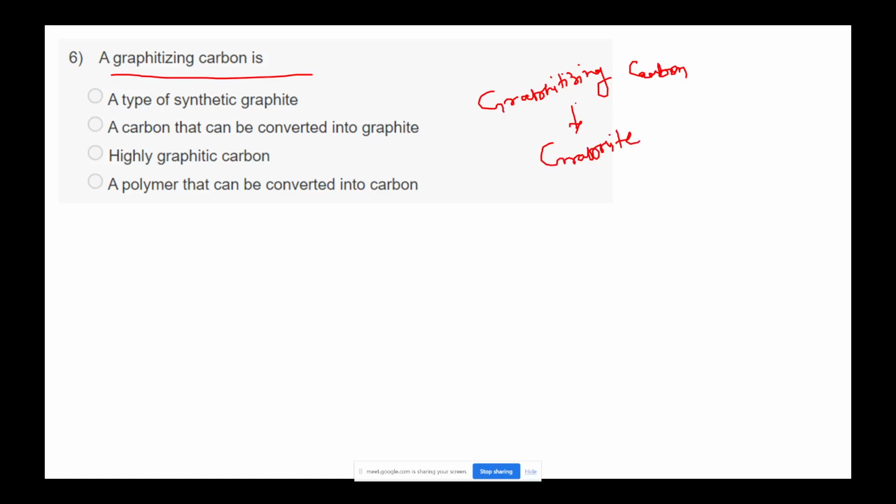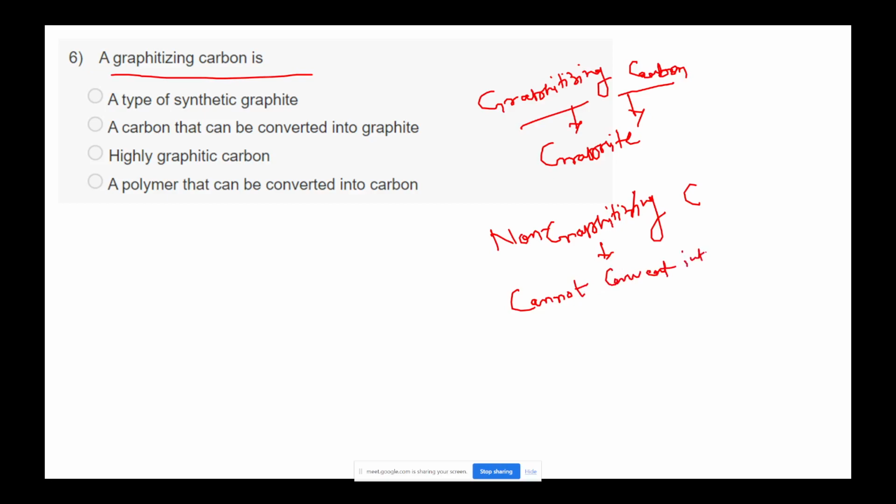Graphitizing carbon is what converts into graphite. And I explained what non-graphitizing carbon is, which cannot convert into graphite.